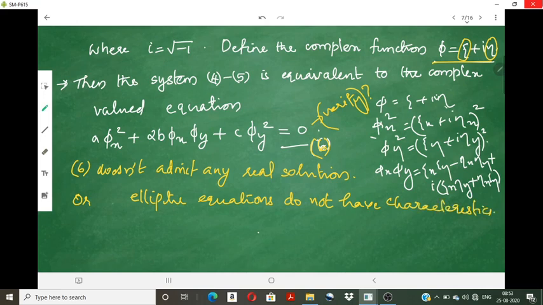This is an important observation. Elliptic equations do not have characteristics.